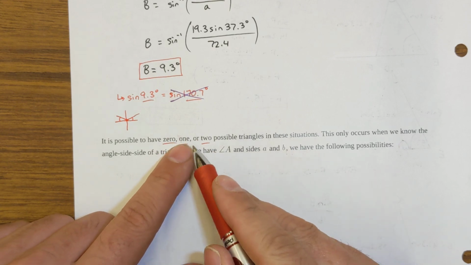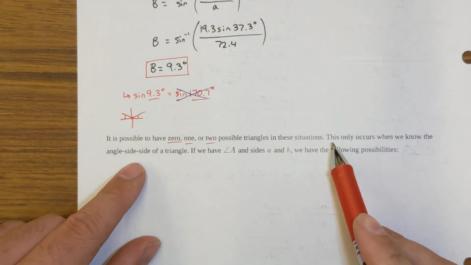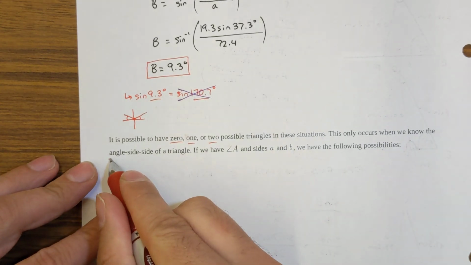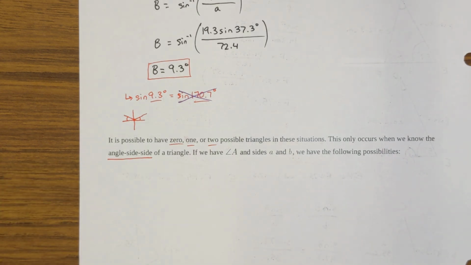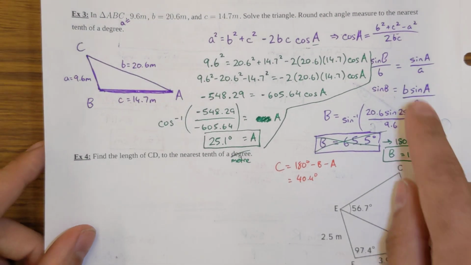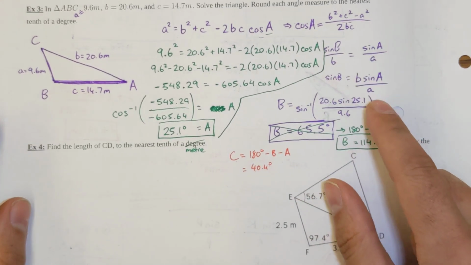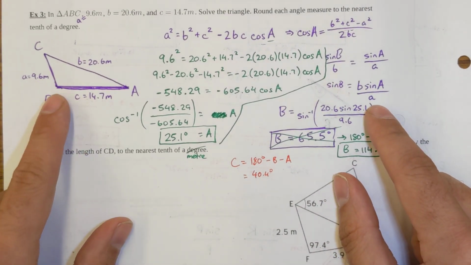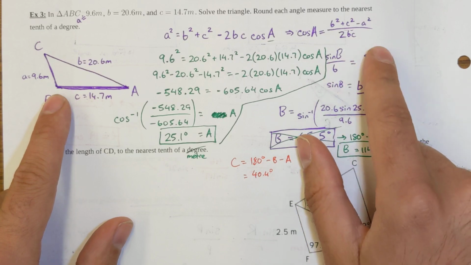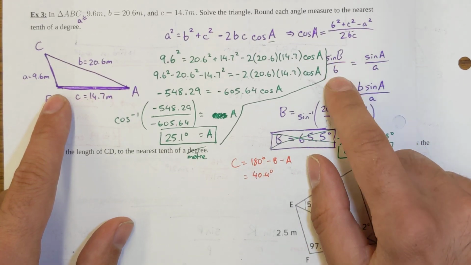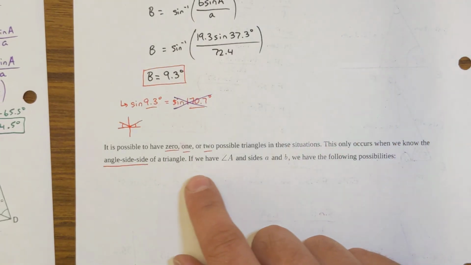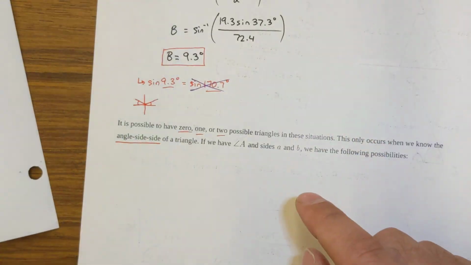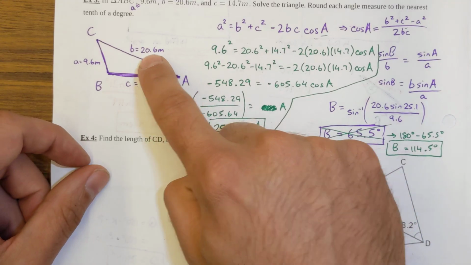So we can have either 0 triangles, 1 triangle, or 2 triangles, and this occurs when we know an angle and a side of a triangle. What happened yesterday, and yes, I have the notes here, is when we were solving this triangle using the sine law, we had everything about A, and then we also knew our side B. So we knew angle side.